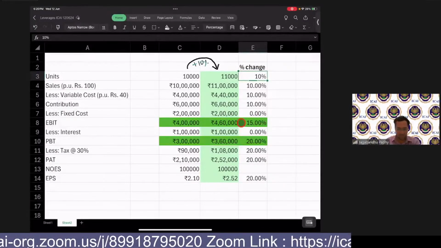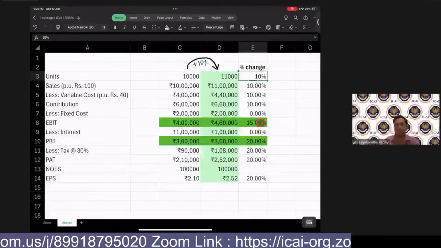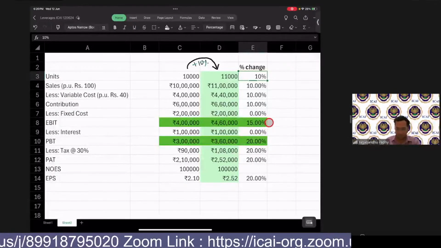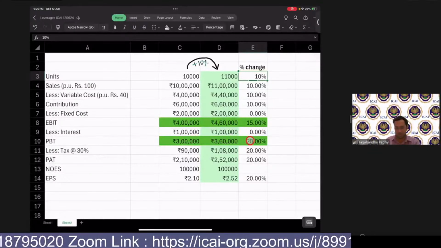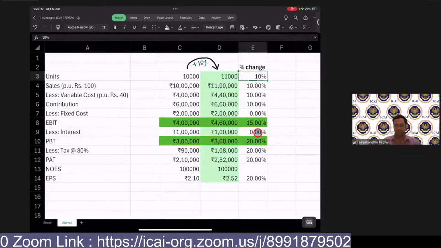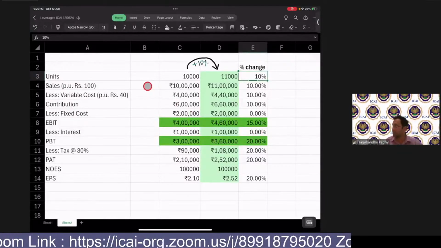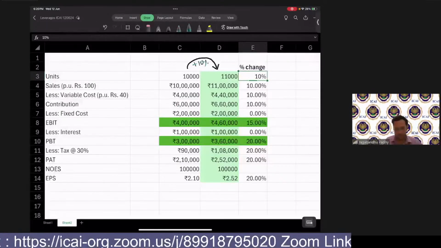So this percentage change in EBIT translates to a 15% change. And you can see the PBT is also increasing by higher than 10%, which is 20%. Let's focus first on this part, guys.